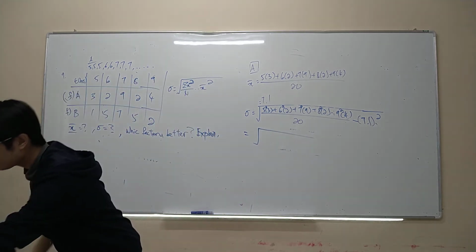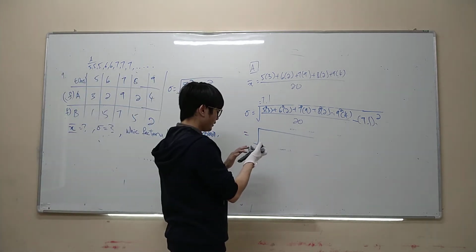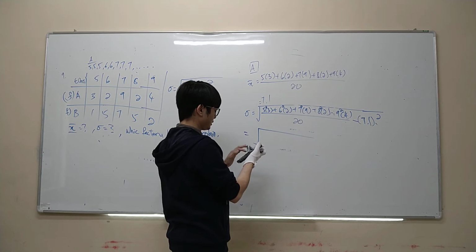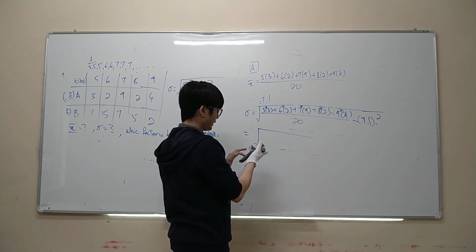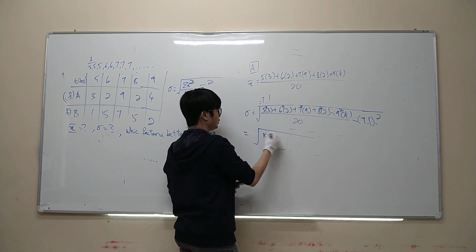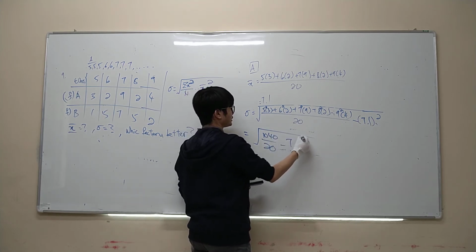Just press the whole thing. 5 square times 3 plus 6 square times 2 plus 7 square times 9 plus 8 square times 2 plus 9 square times 4 equals 1040, over 20 minus 7.1 square.